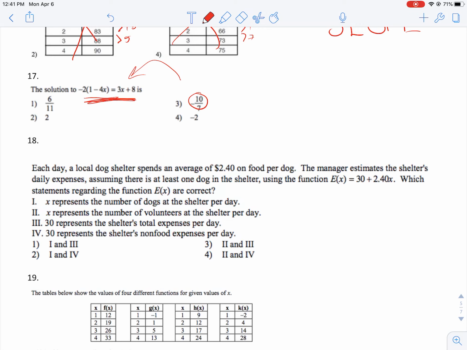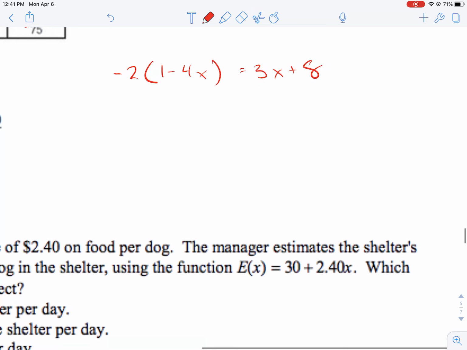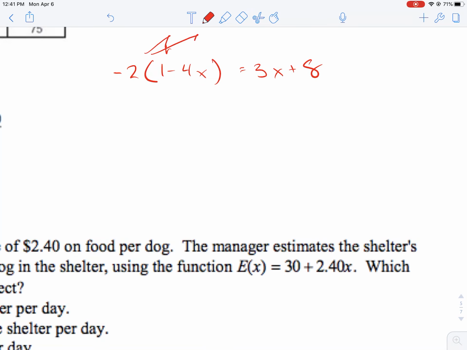We could take this value and plug it in for all of our x values, or we could solve for it algebraically. So one of your options is just to take that value, plug it in for x, and see what happens. But if it says to solve this algebraically, you might want to make sure you know how to do this as well.